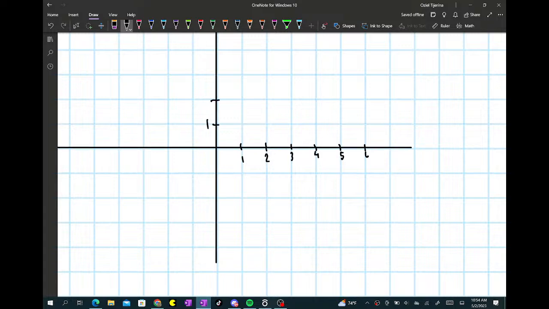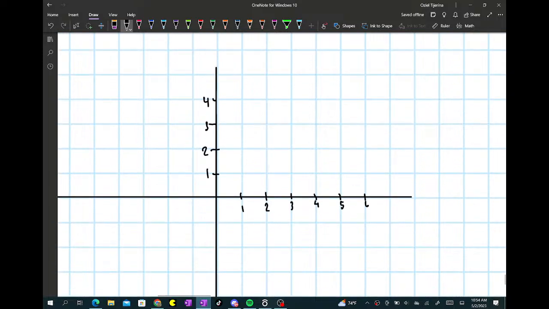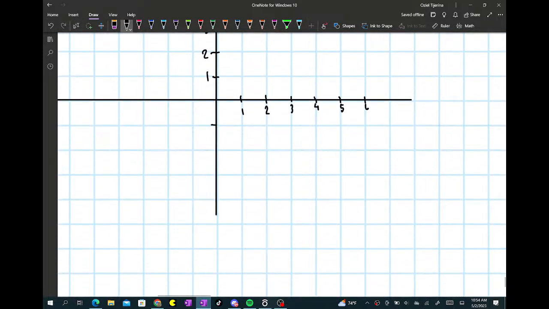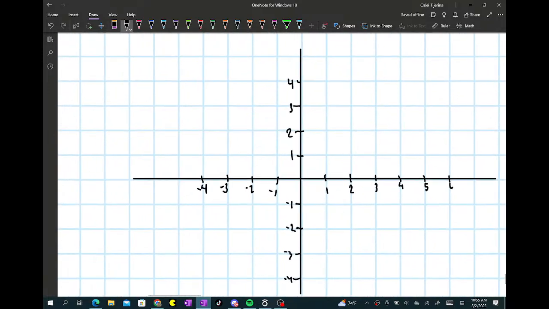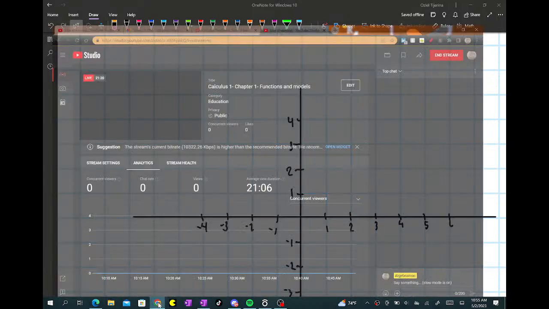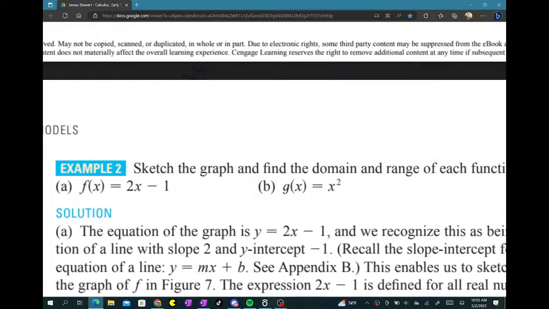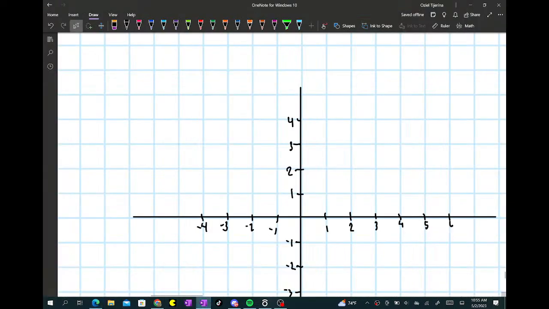Let's do 1, 2, 3, 4, etc. And then let's do -1, -2, -3, -4, etc. Okay, and the one that they're asking us to graph is 2x minus 1.